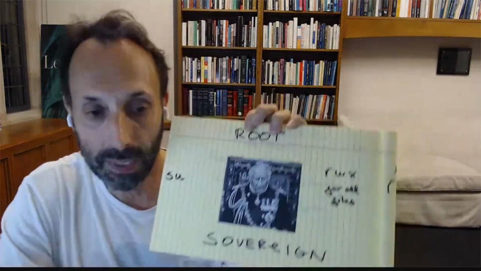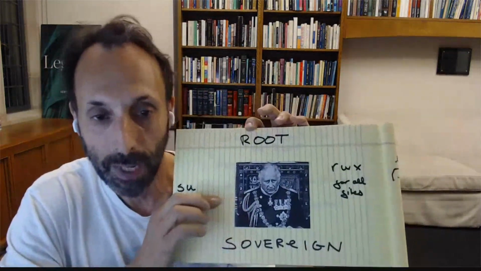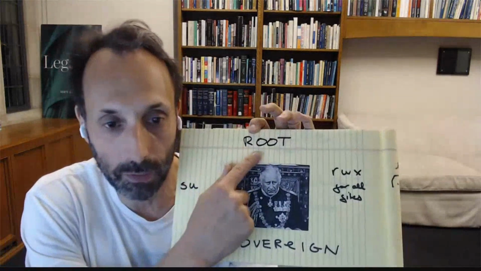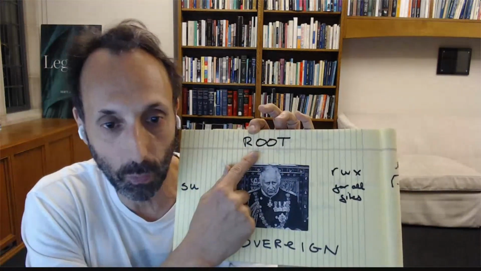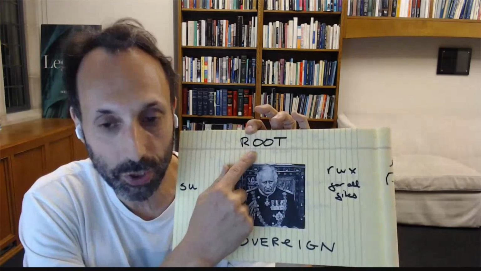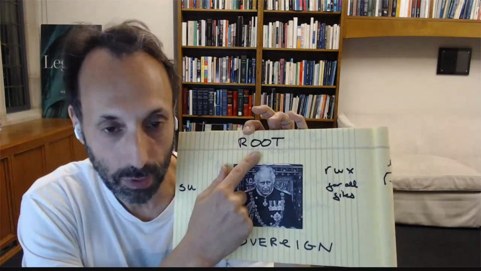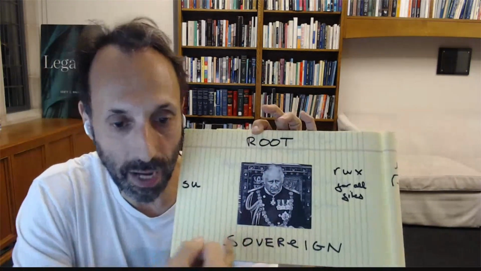What's really cool about this technology, by the way, I don't have it down perfectly, but you can upload pictures to the pad. Okay. So this is a picture of King Charles, right? And this is when you switch to the root user, you become the sovereign.